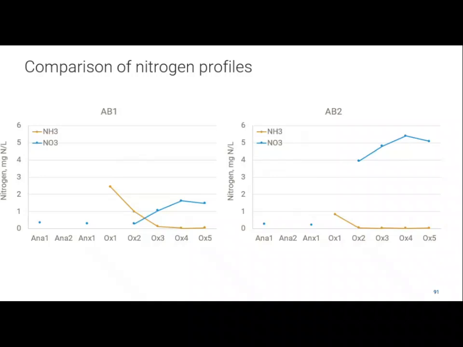All right, so remember we're anaerobic, we're anoxic. Again, the blue dots are nitrate. Oh man, we measured a little bit of nitrate in the anaerobic zone. If you see like a 0.2 or a 0.3 nitrate when you do a measurement in an anaerobic zone, what do you think? Are you worried? If that number was real, would you be worried?